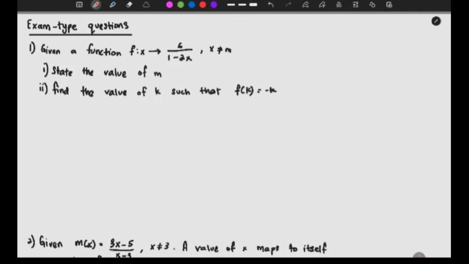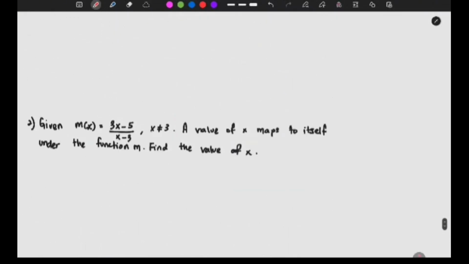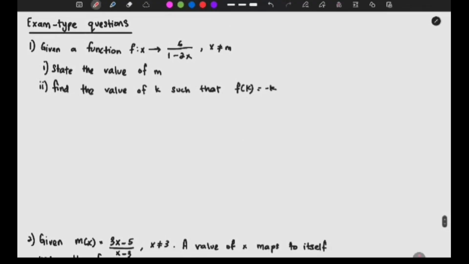Okay, given a function, an equation, and they say x is not equals to m. Where is your x? Here. And this is not equals to m. Find the value of m. So how are you going to find? You should know one thing.